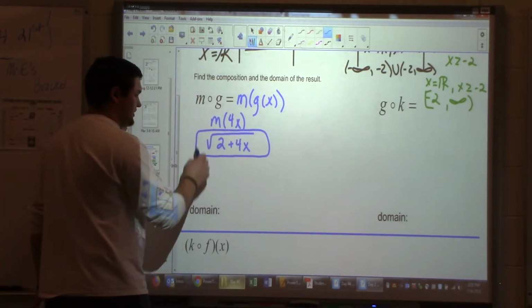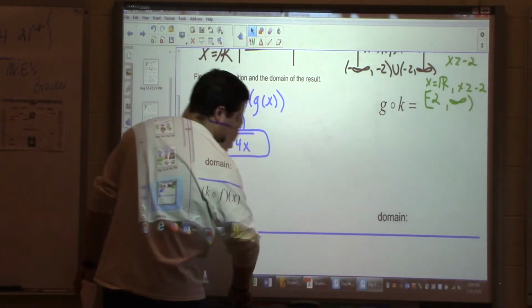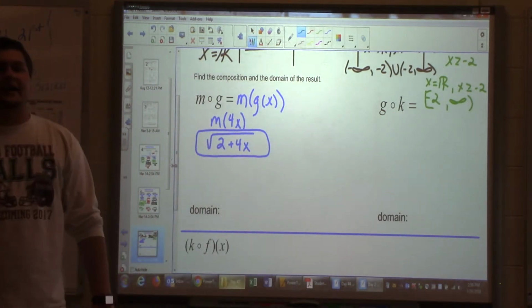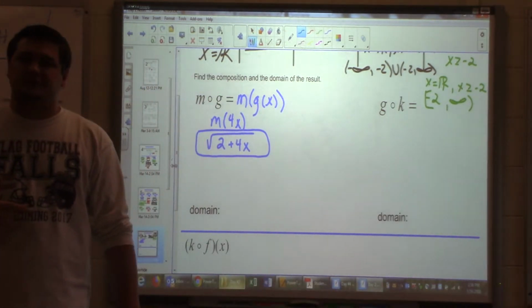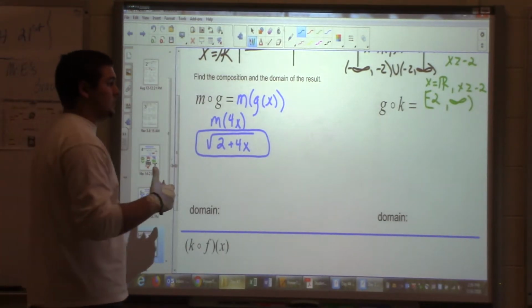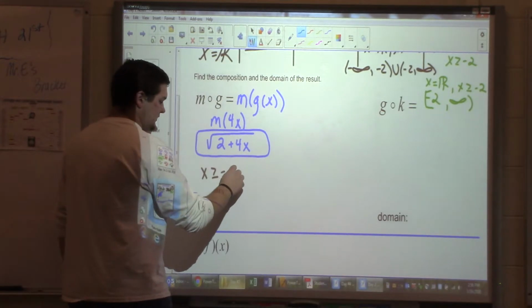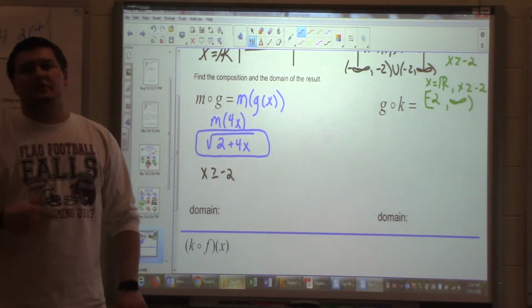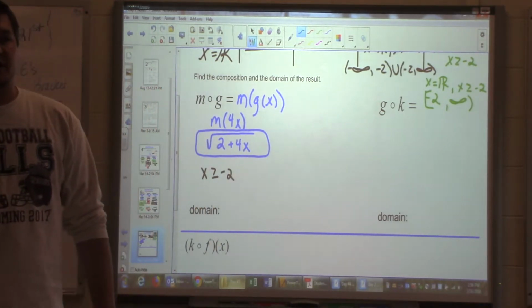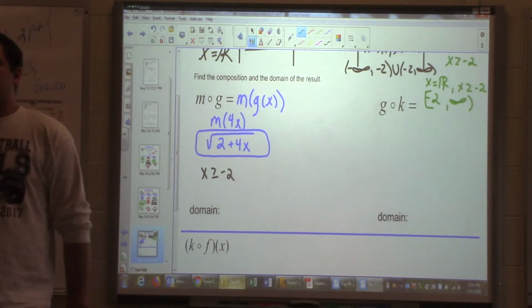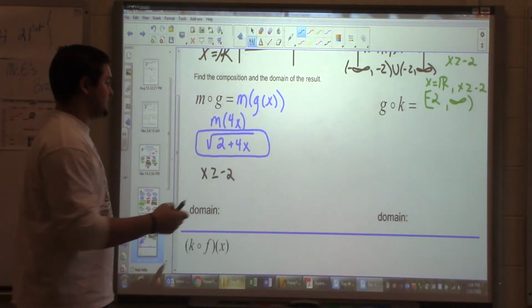So I'm looking for restrictions now. My restrictions from the start, did m or g of x have a restriction? The m did, what was it? X is greater than or equal to negative 2. So that's one of my restrictions. This is my endpoint. Is that going to have a restriction? Yes, it's a radical, right?